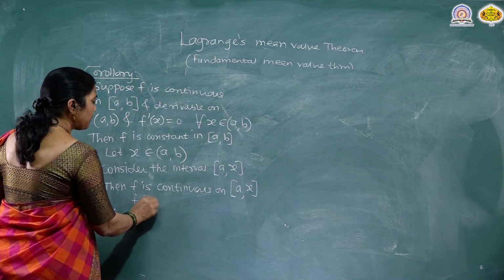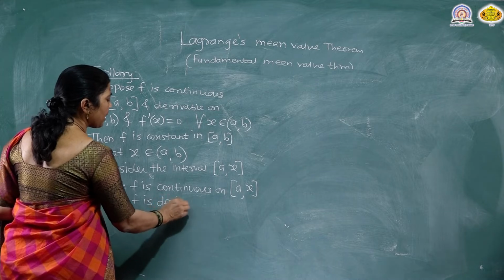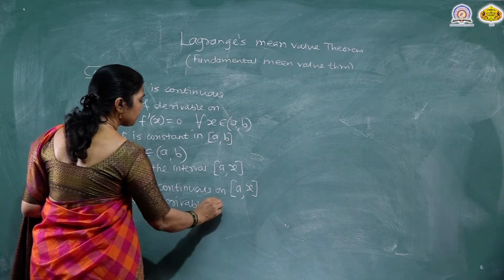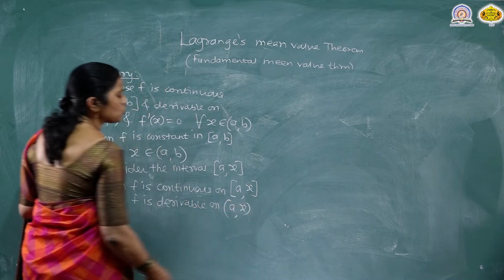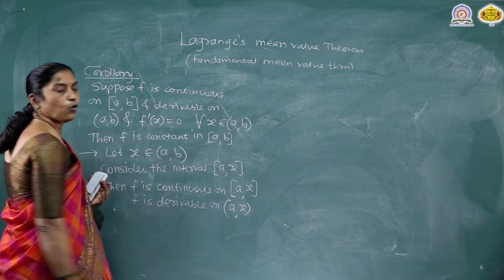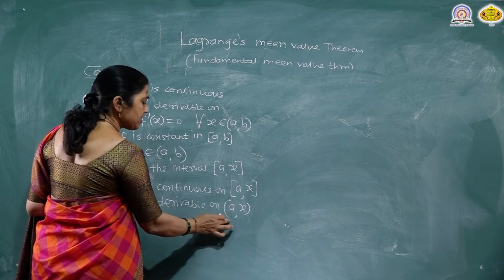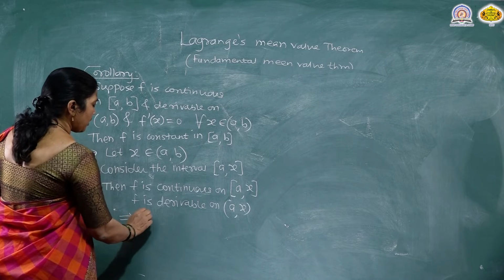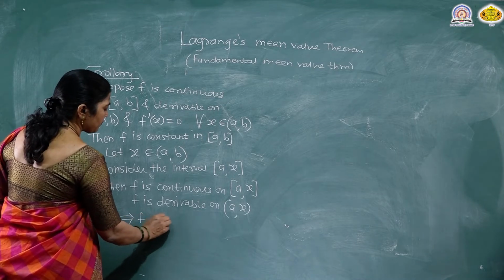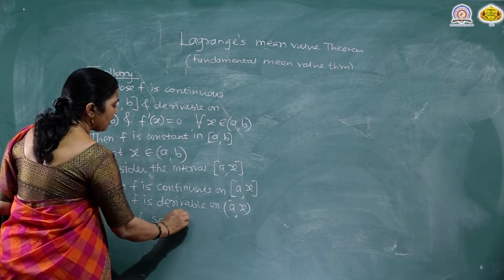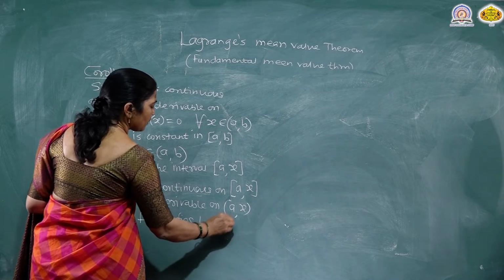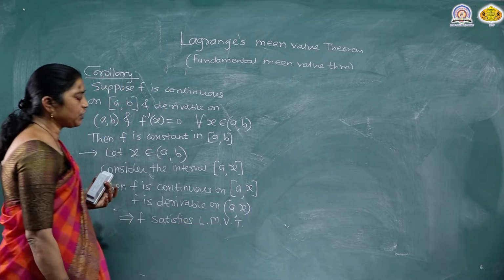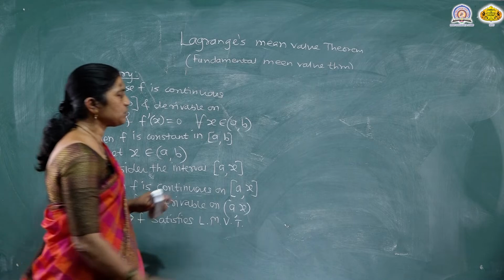It is derivable on the open interval (a, b), so it also implies that it is derivable on the open interval (a, x), and hence f satisfies Lagrange's mean value theorem. In short, we denote it as LMVT. f satisfies Lagrange's mean value theorem.